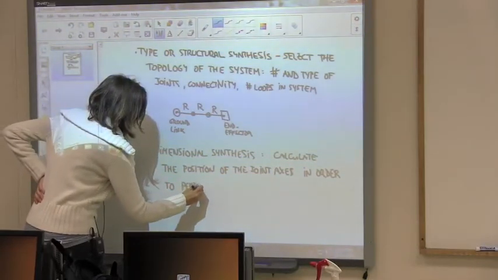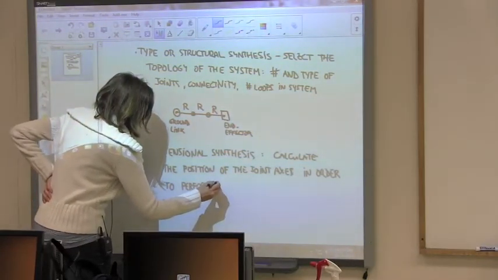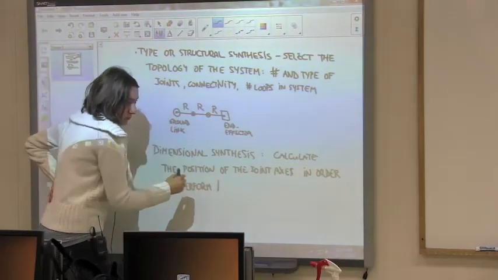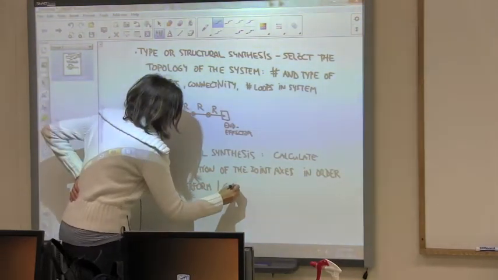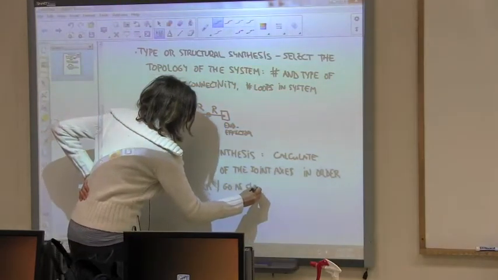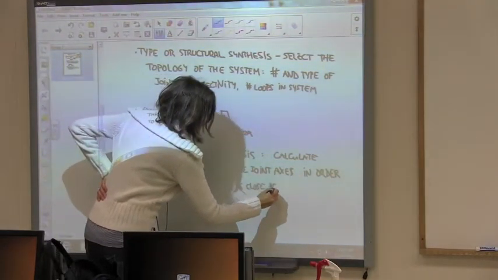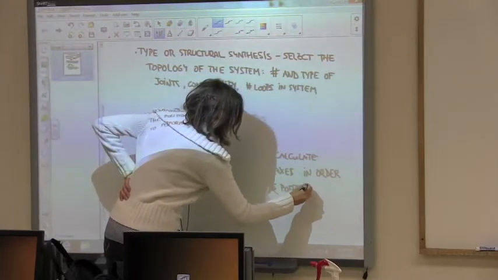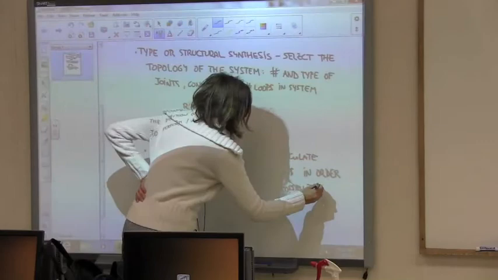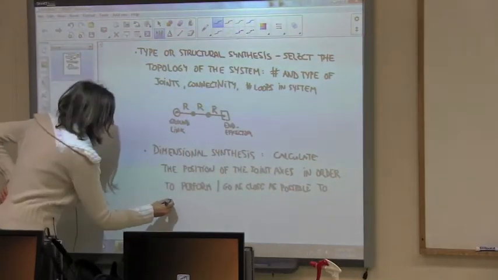If we do exact synthesis, we have to actually do that task that we define. Or go as close as possible; this would be approximate synthesis. Go to the task.